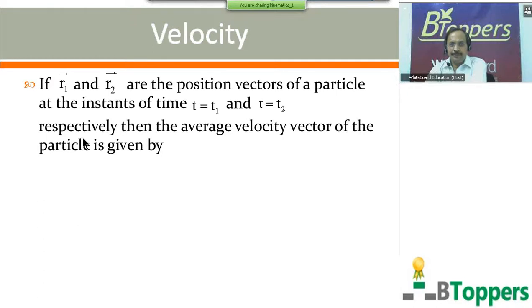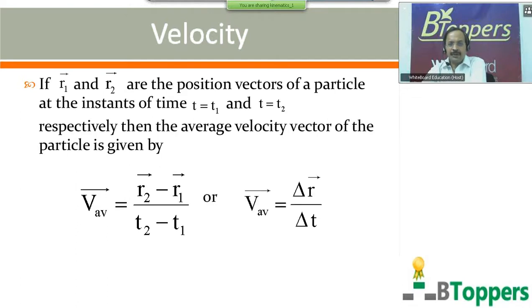Coming to the term velocity, if r1 bar and r2 bar are the position vectors of a particle at the instants of time t equal to t1 and t equal to t2 respectively, the average velocity vector of the particle is given by v bar subscript av equal to (r2 bar minus r1 bar) by (t2 minus t1), or it is written as v bar subscript av equal to delta r bar by delta t.